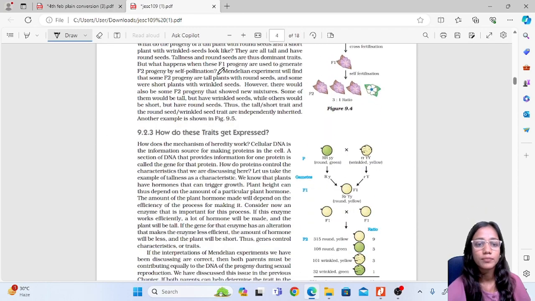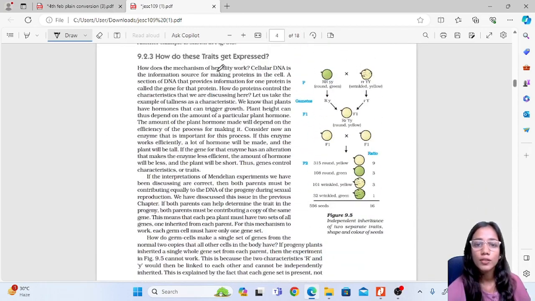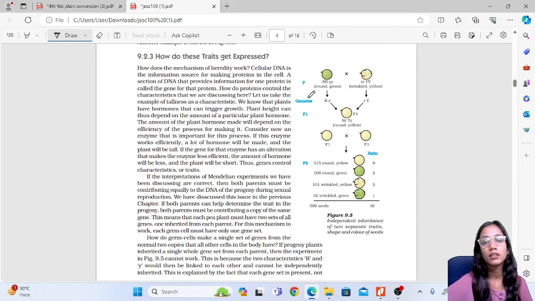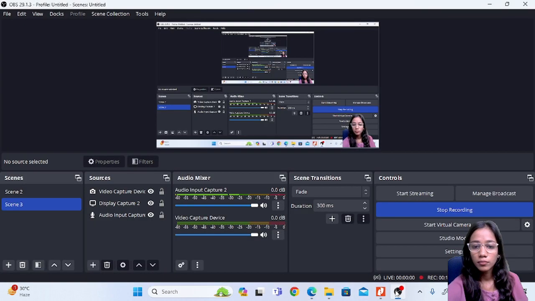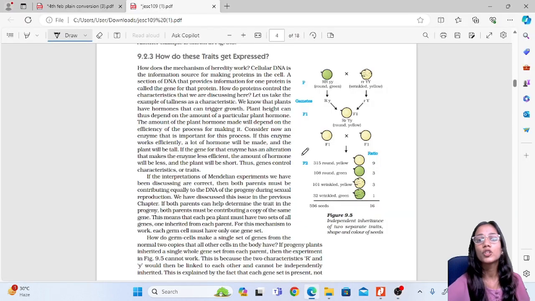So now the second type of cross Mendel did was a dihybrid cross, wherein Mendel took two characters. One was the shape of the seed, and the second one was the color of the seed. And over here we can see this was capital R for round, and small y was for green.